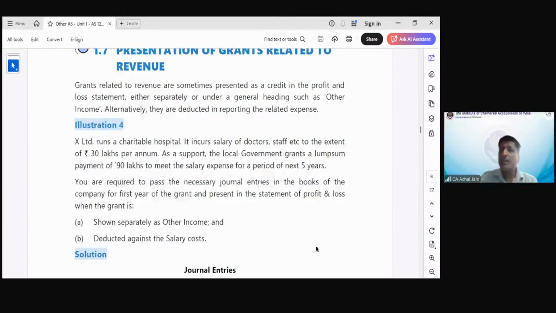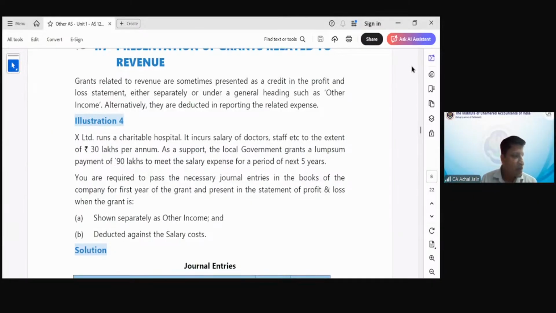Okay, then I think it's Smriti. Yes, you will explain. Very good. Please go ahead. Sir, first receipt entry. So, bank account debit to government grant as deferred income for 90 lakhs.